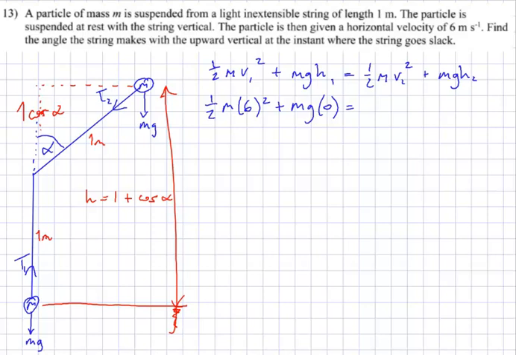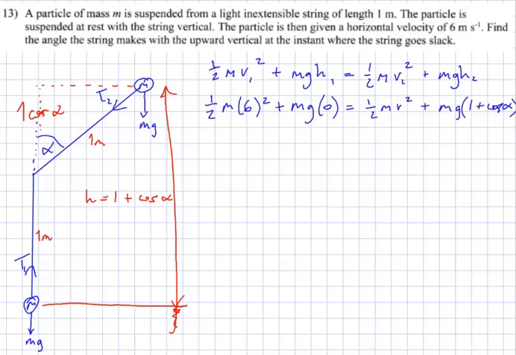Now at the top, we don't actually know the velocity that it's traveling at, and the height is 1 plus the cos of alpha.